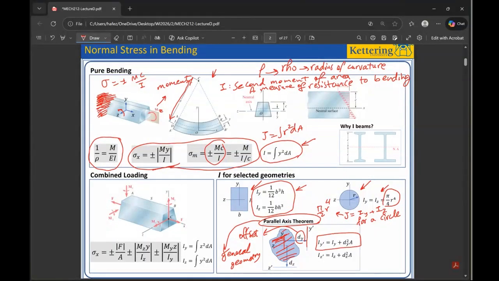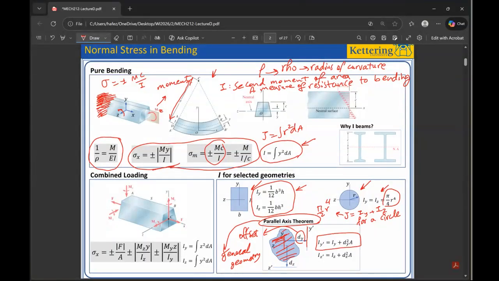Now, let's switch to our engineering discussion, how to calculate the resulting stress. When there is pure bending like this, only moment is applied, we said sigma equals plus minus mc over I. As opposed to axial loading, when you apply a force to an object axially, normal stress sigma equals F over area.